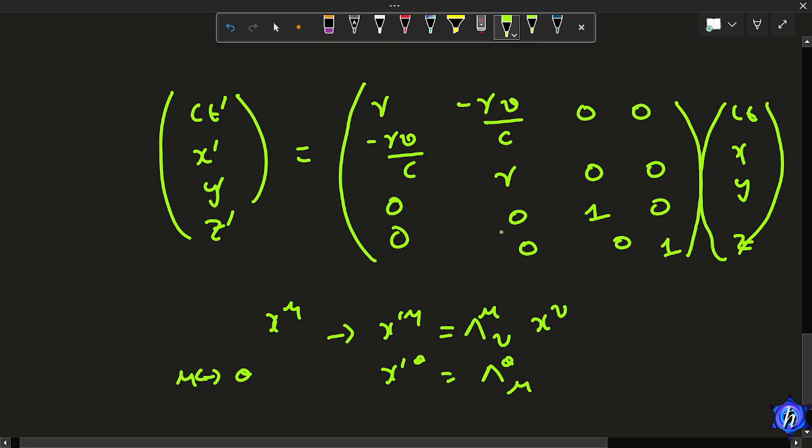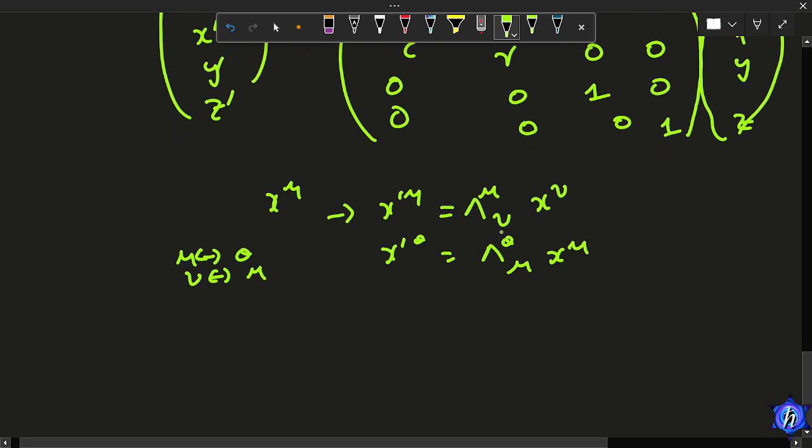What I did is I just changed the mu to theta and the nu to mu. Why I did that, you will see. This is just to make sure I don't make any mistake. So this is equation 1.43.